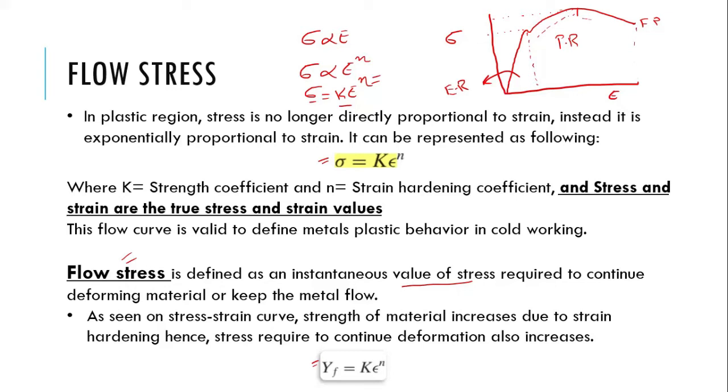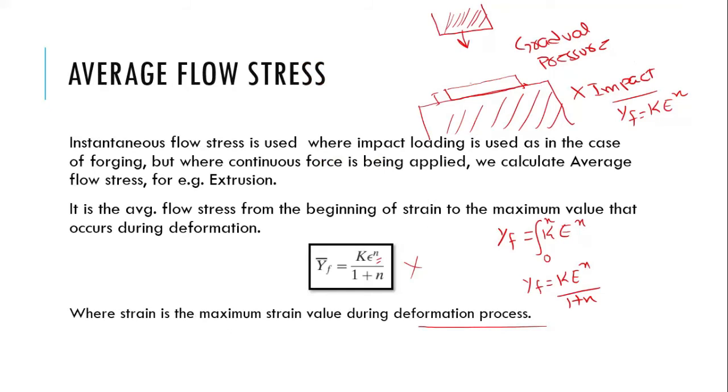If the loading is impact loading, then we consider the instantaneous flow stress. If the deformation is in a pattern of gradual pressure, like in the case of forging, or extrusion in some cases, or wire and bar drawing, we take the average flow stress. I hope you are clear with the flow stresses and the difference between the engineering and the true stress and strains.